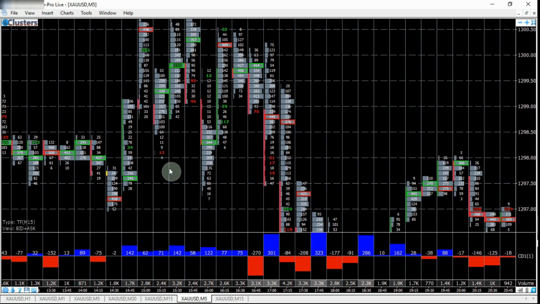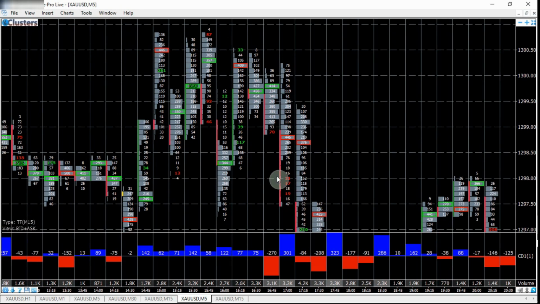Going back to this style of chart, which is a profile, a lot of people have heard about market profile. I talk about market profile in a few videos, and I think the concepts are great. They're actually very relatable to how the market auctions, and when you look at a chart in this fashion, you'll see that.